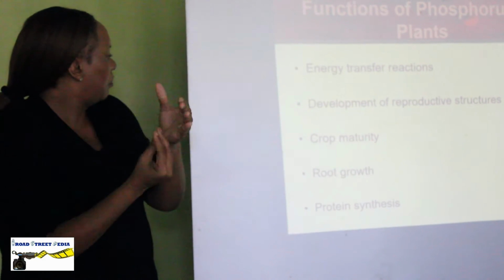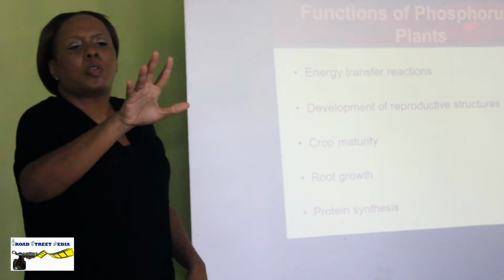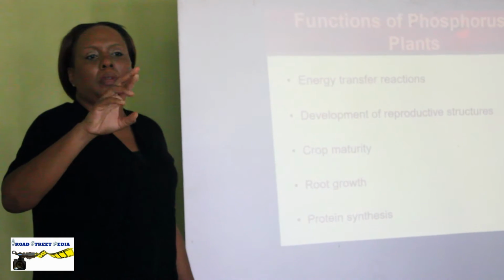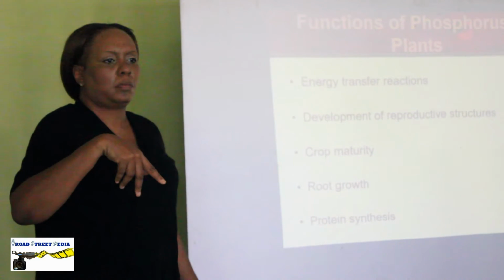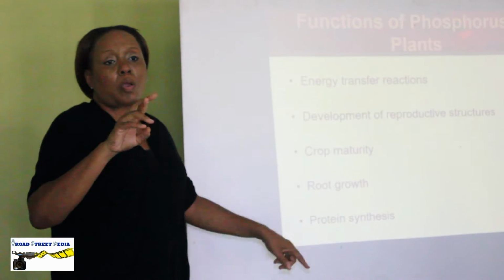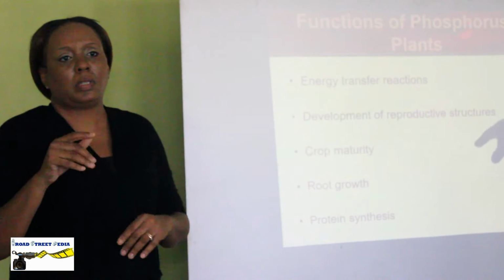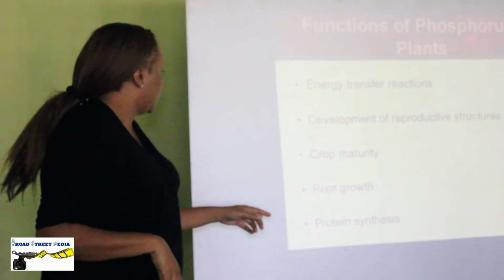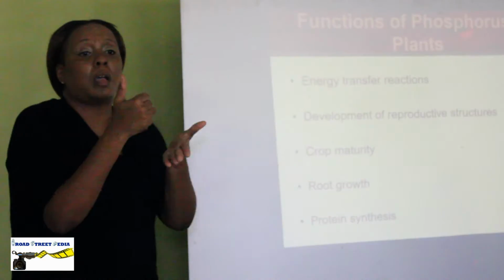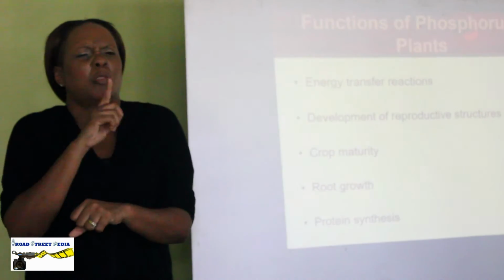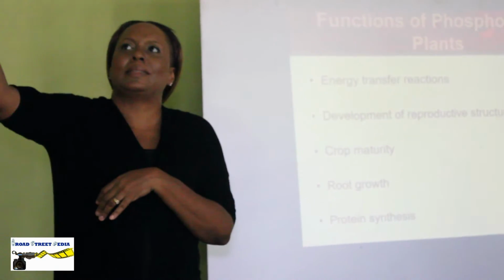When your crop, tomatoes or sweet pepper, is forming, you need more phosphorus to help develop the crop. It helps in photosynthesis, where energy is extracted from the sun through the leaves. So phosphorus is important for that.